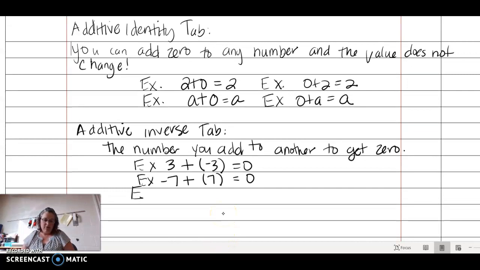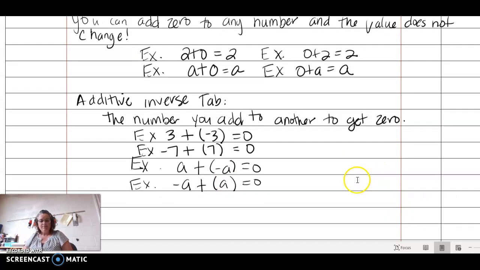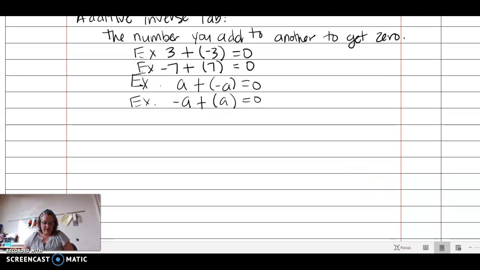If I give you the variable a, I would have to add a negative a in order to get 0. Or if I have a negative a, I would have to add a positive a to get 0. That's your additive inverse property. Next tab is your multiplicative identity tab.